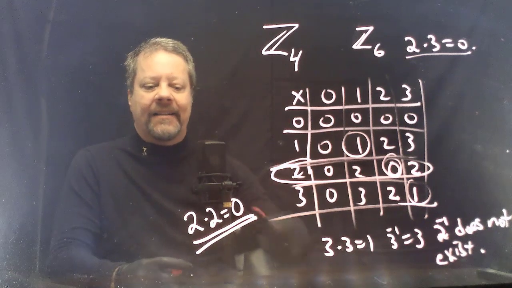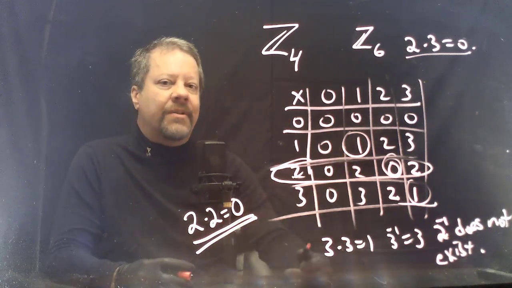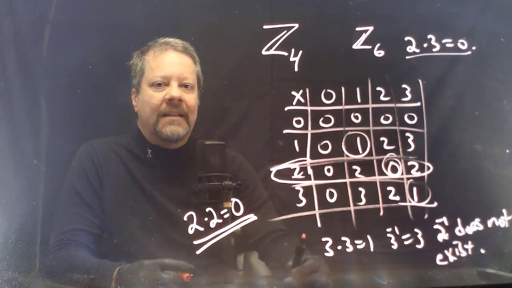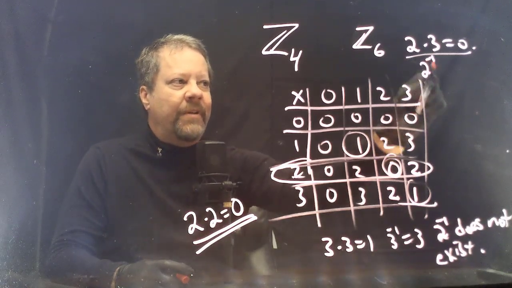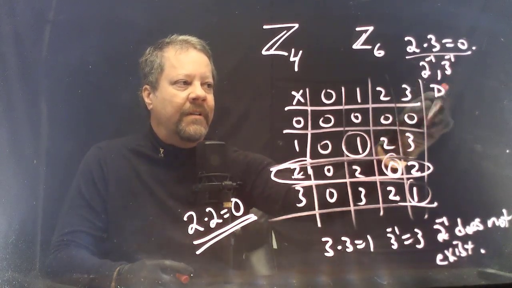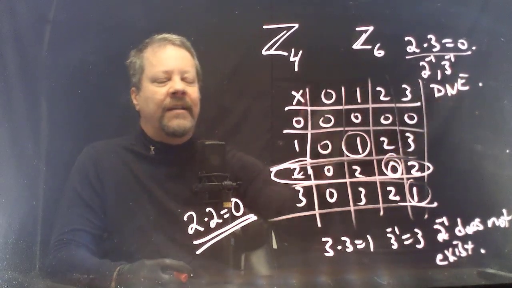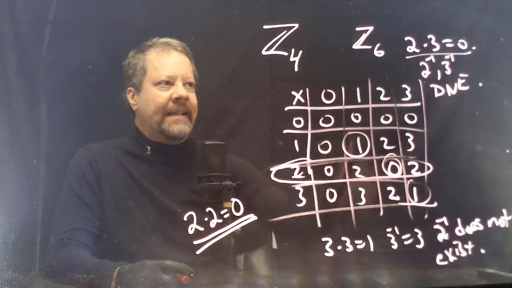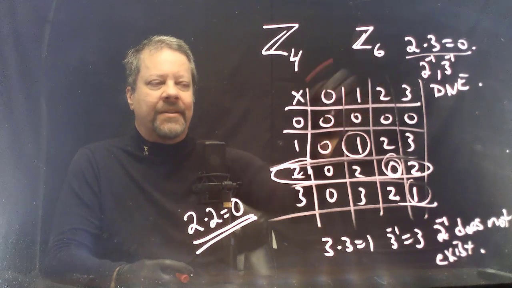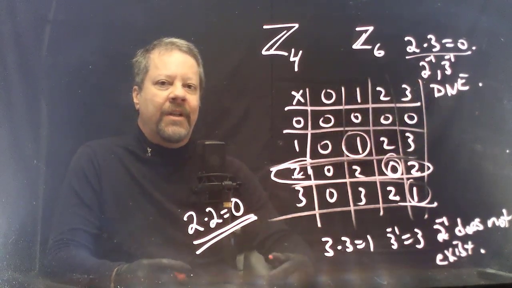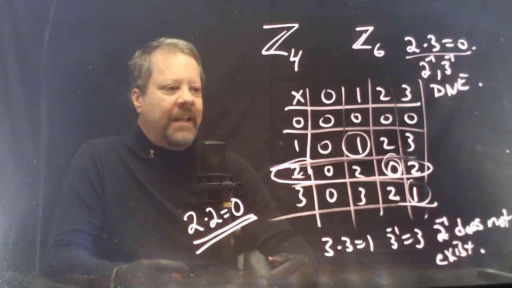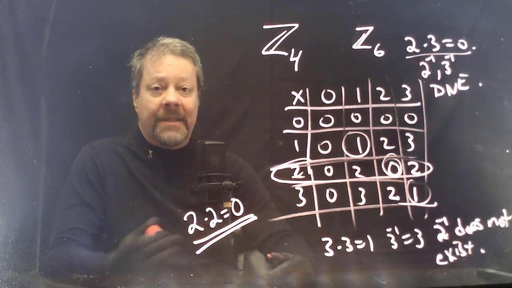So again, I get this weird situation where I have two non-zero numbers multiplied together equaling 0. In addition, you can show that both 2 inverse and 3 inverse do not exist in Z6. Anytime you have a proper divisor of the base, you end up with no inverse to that number, besides, of course, 1.